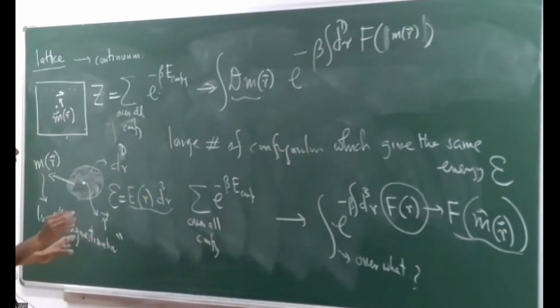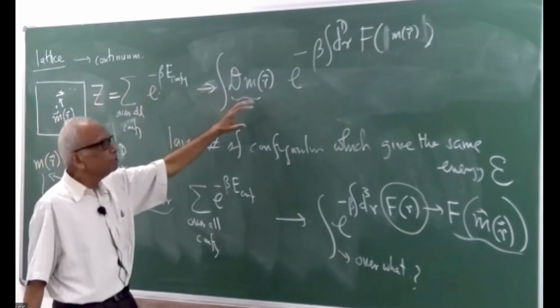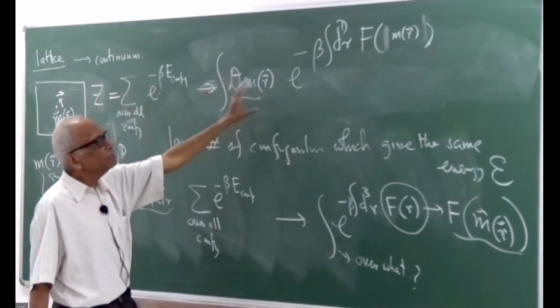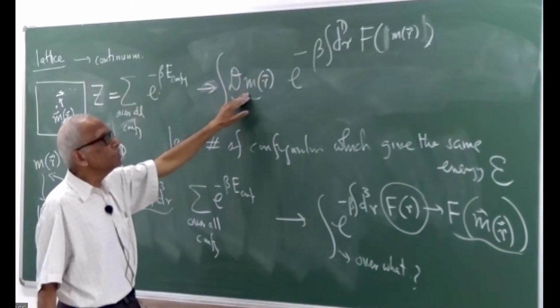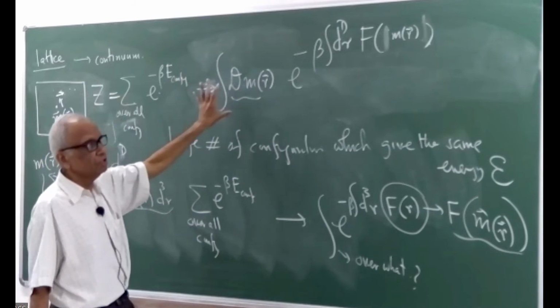That is what I established right in the beginning, that instead of energy, I now have to go with free energy. The partition function is going to be determined by the free energy, and having written that down, I have to integrate over all possible m of r of this world.